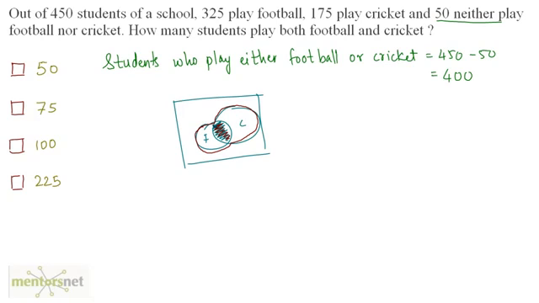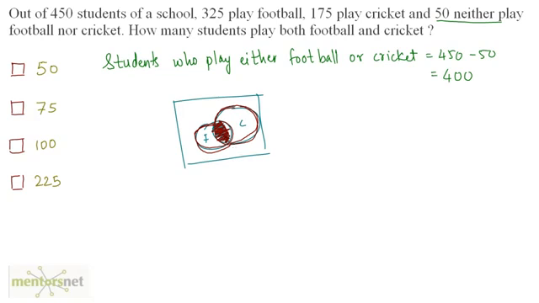So to get the number of students who play in this area, which means those students who play both football and cricket, you'll have to first add people who play football and the people who play cricket, and then subtract the complete area so that you remain with this shaded red area.